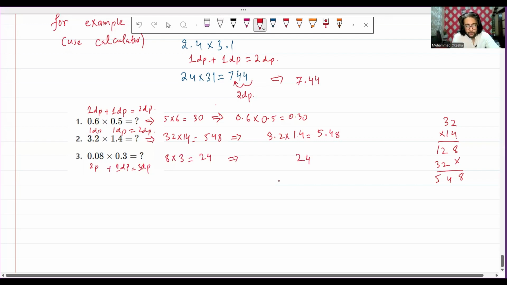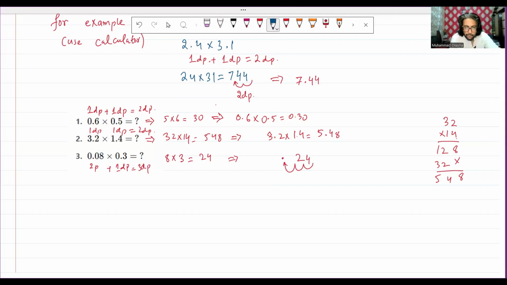Three decimal places would be one, two, three. I'll put my decimal over here. What would I put in this empty space? I'll put a 0, and a 0 outside as well. So my answer is 0.024. So 0.08 times 0.3 is equal to 0.024. Okay, I hope it makes sense.